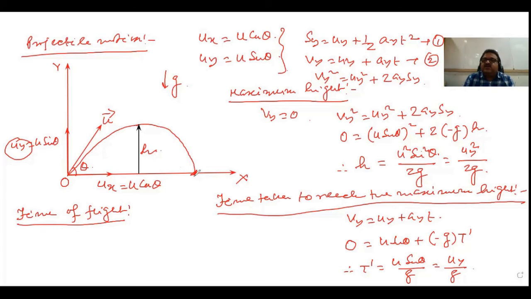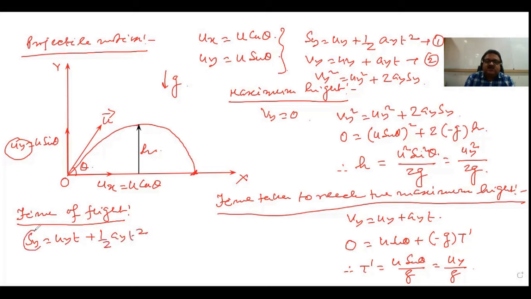So I am again going to consider the vertical motion, correct? But in this case, I am using this formula. Sy is equal to uy t plus half ay into t square.